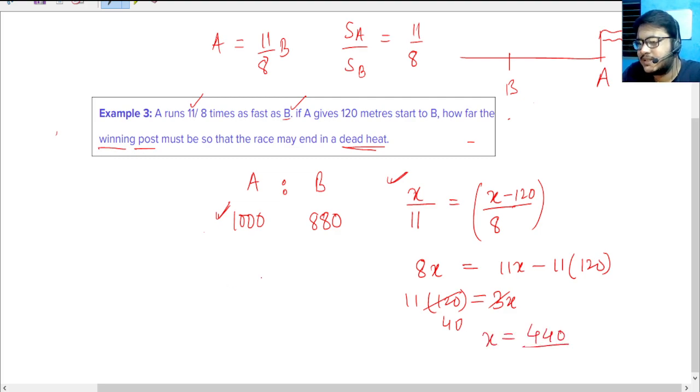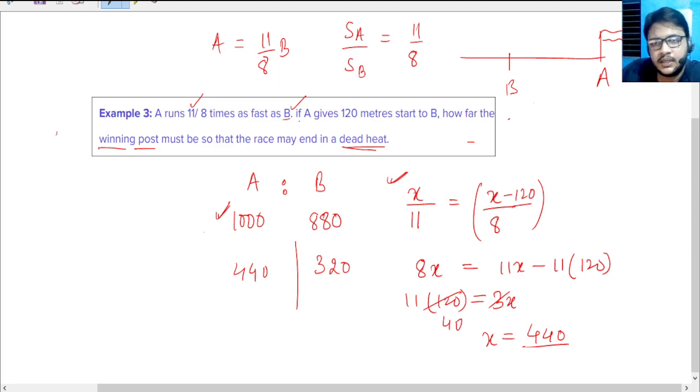Now if x is 440, what will be the value for B? Actually that will be 120 less than 440, so that is 320, because this time also A will give a start of 120 meters. So this is one of the methods through which you can solve it.